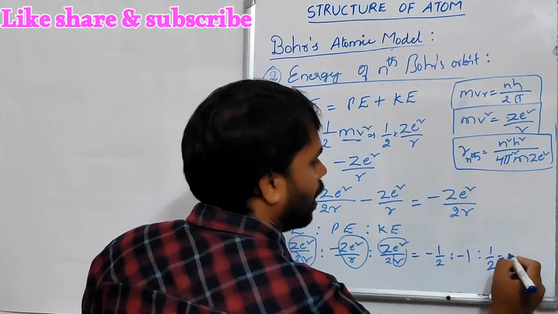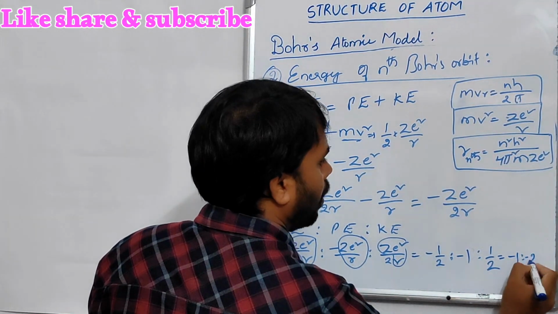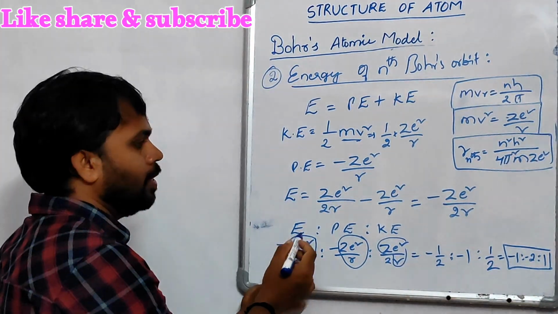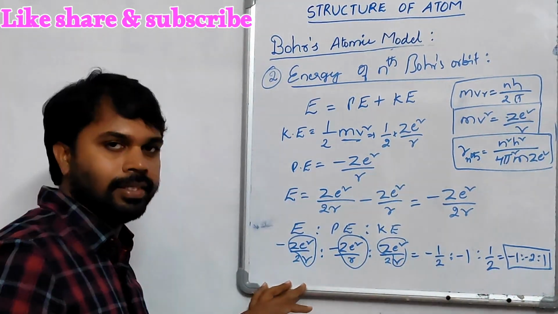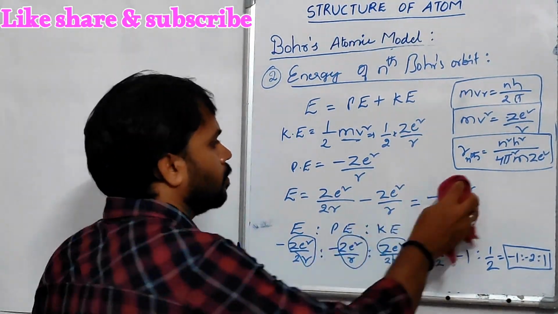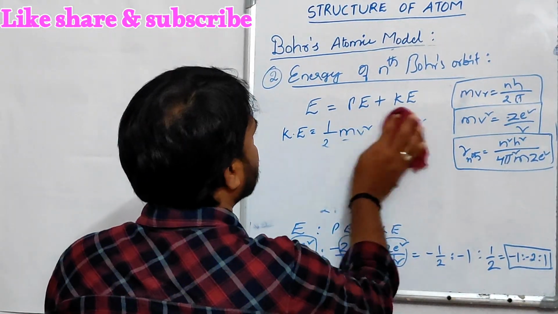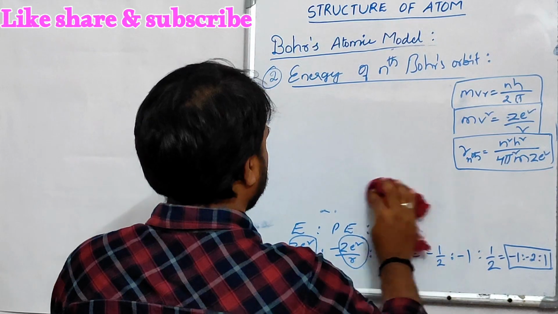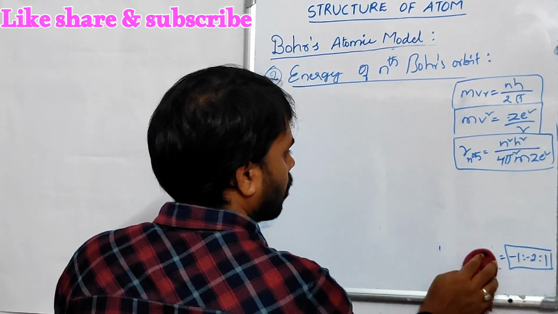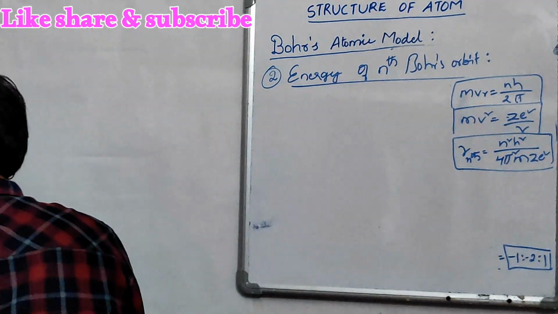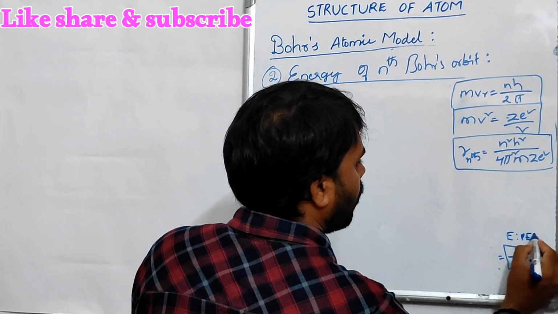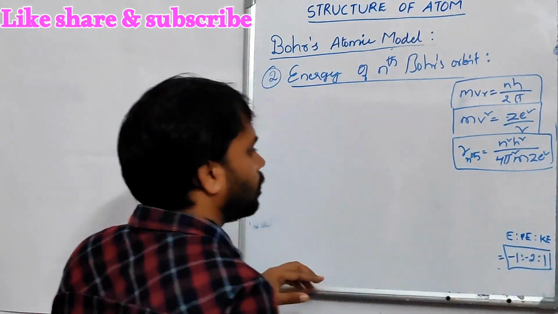After simplifying this, we get minus 1, minus 2, 1. This is the ratio of energy, potential energy, kinetic energy.